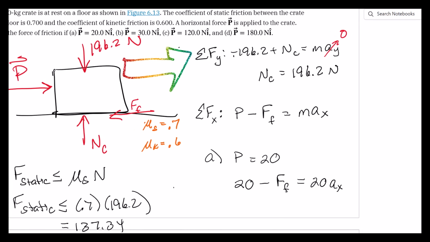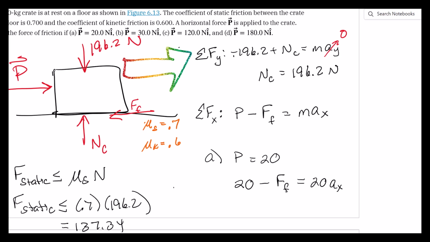The force of friction is going to be anywhere from 0 up to 137. This box isn't moving. And this is one of those things where you have to understand what's physically going on in the problem. That's why I always hate friction problems, because I just want to do math and not have to learn anything. But this box isn't going anywhere because friction is not going to force the box backwards.